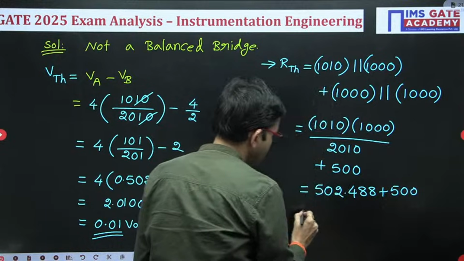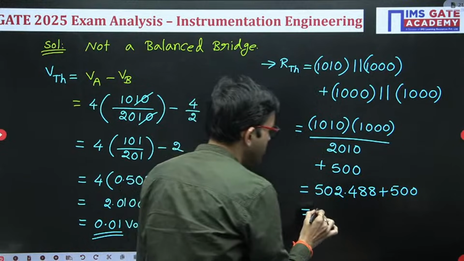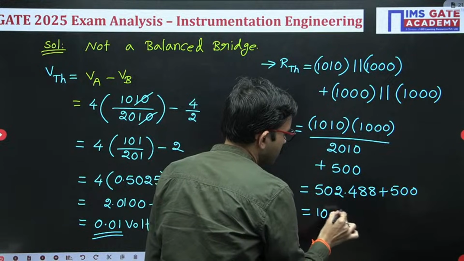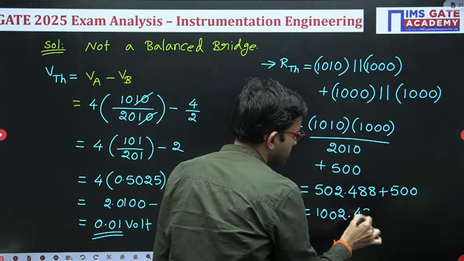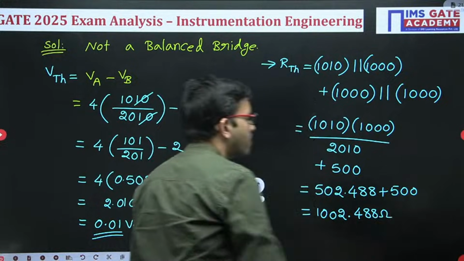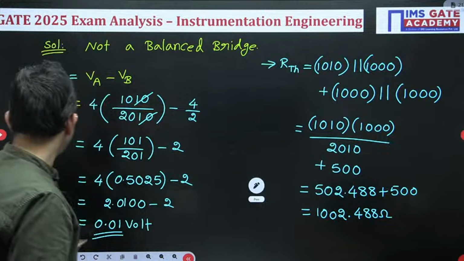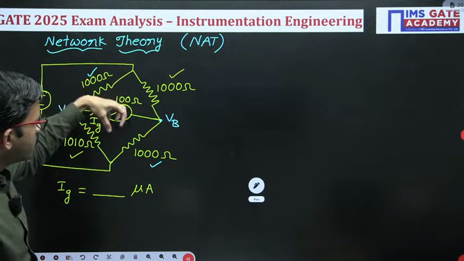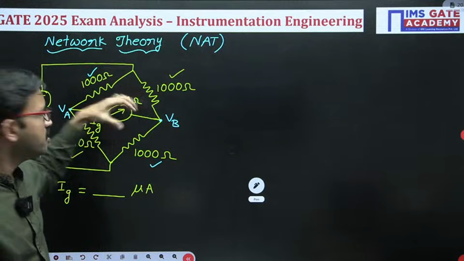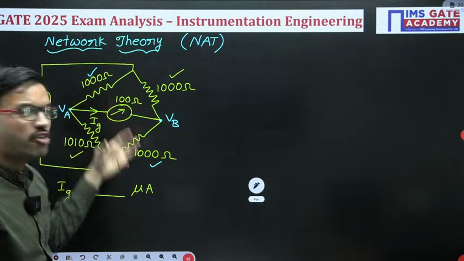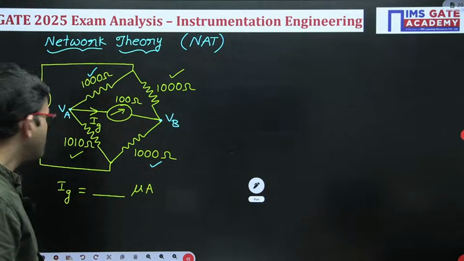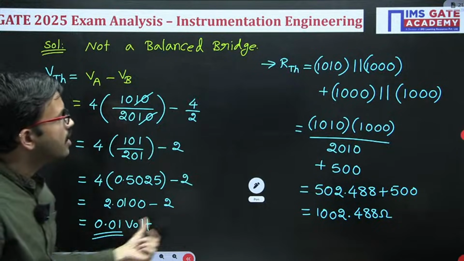If you do the simplification, you are getting 1002.488 ohm. So this is your RTH. You have removed this particular galvanometer from the circuit, then across the terminals A and B you have found the Thevenin's equivalent. You got VTH as this volt and RTH as this.